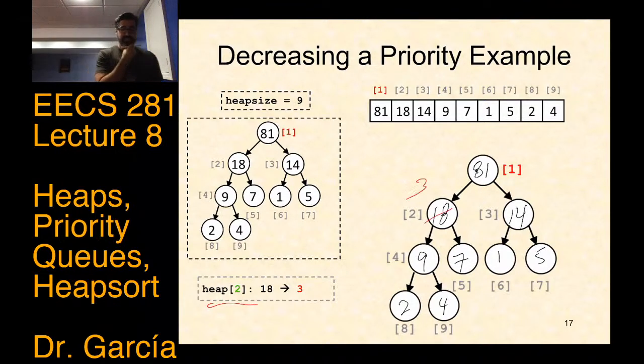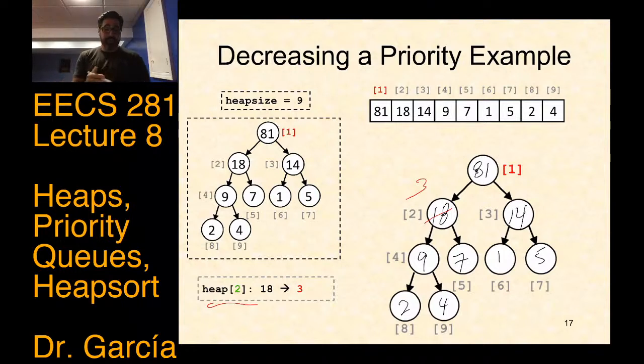Okay, so that immediately breaks our heap constraint because we've lowered from 18 to 3, and then we definitely have children 9 and 7 that are larger than 3. Right? All right, so what do we do then? Like, what would you suggest we do? Given that we have 9 and 7 to pick from, what would you do?